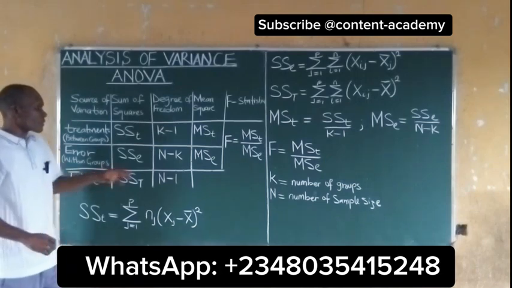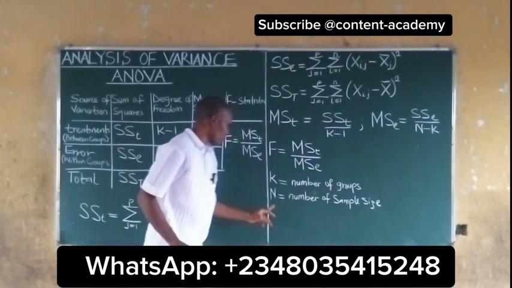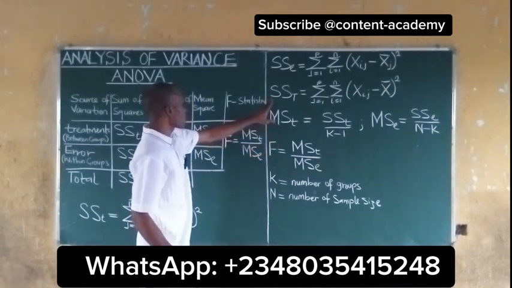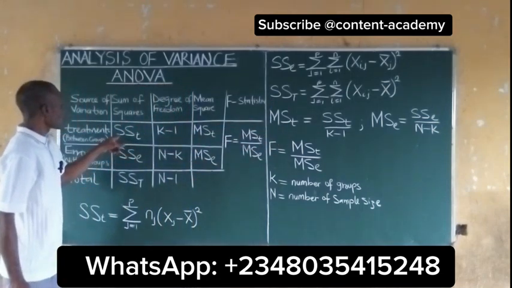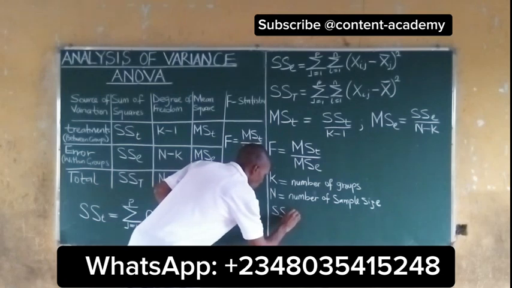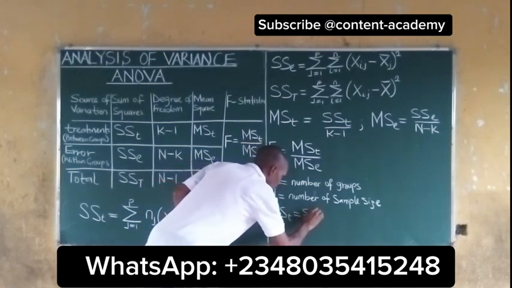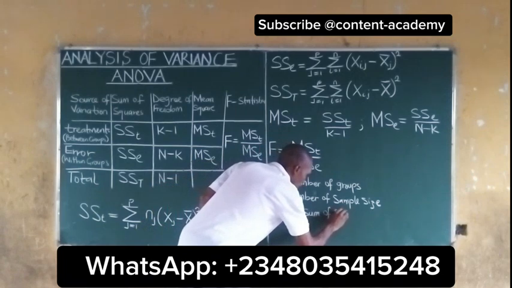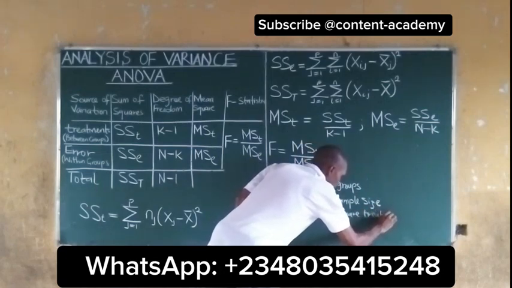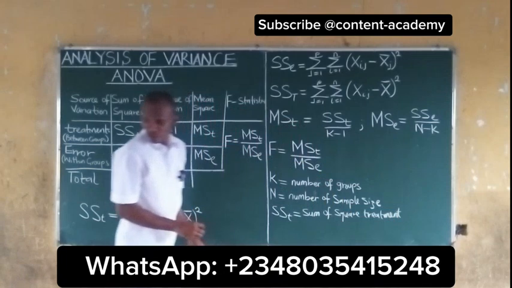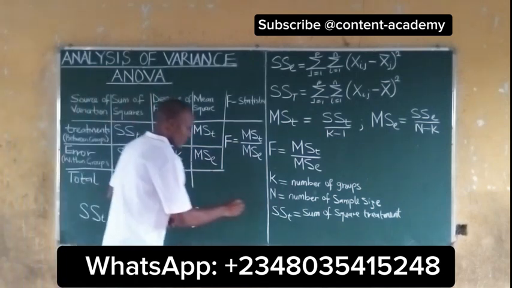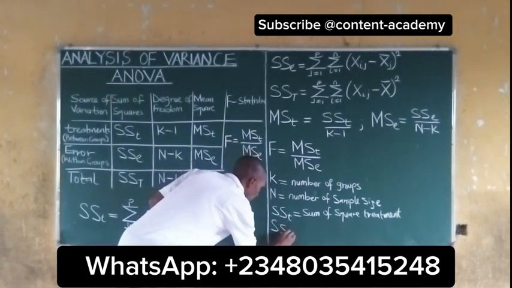Now, k is the number of groups, n is the sample size. What is the meaning of SST? This is sum of square treatment. How about SSE?